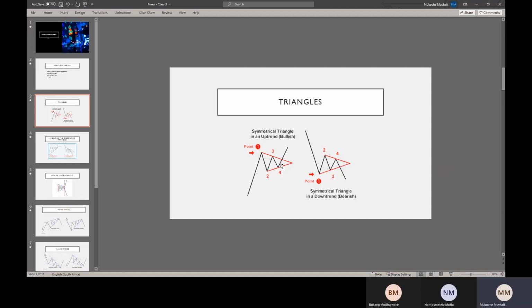Which is a bit of confusion because an upward trend is identified by higher highs. So this is where you are forming a triangle because they're about to converge, right? So that's what you have, and then you have your point 4, which is a lower high, and a higher low than the previous low at 2.